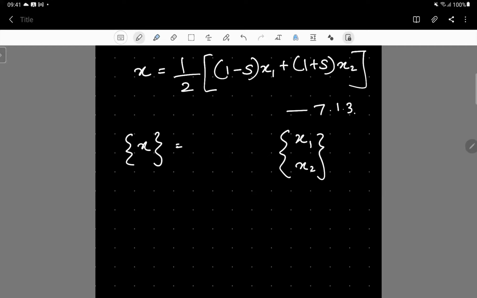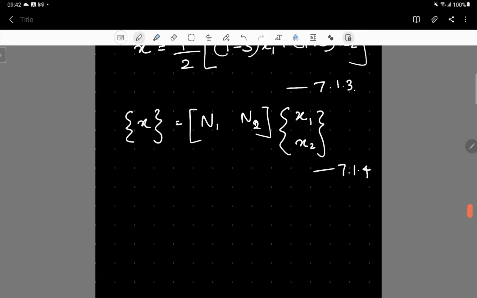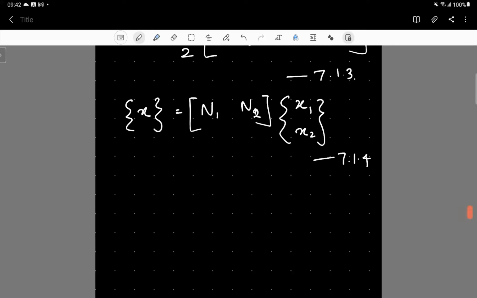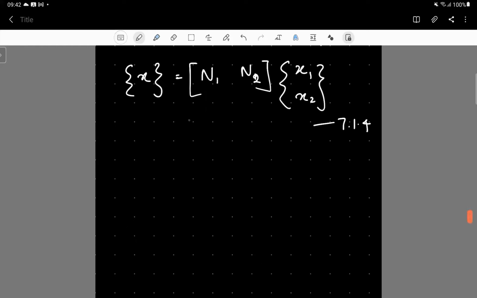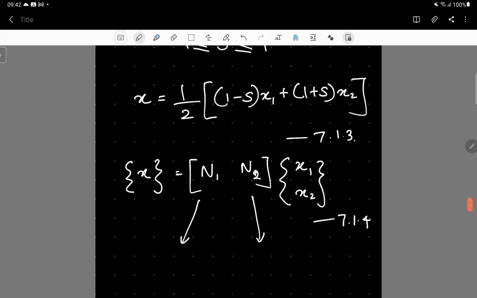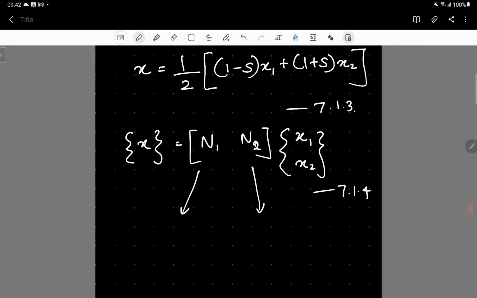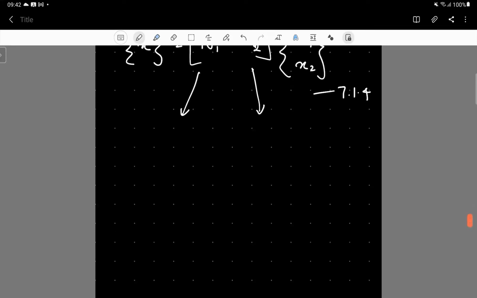Since we are using the isoparametric formulation, we are able to separate it into shape functions, N1 and N2, defined by the two shape functions corresponding to the two nodes. If you use equation 7.1.3 and separate the two matrices, you would get the shape functions N1 to be (1 minus s) divided by 2 and N2 to be (1 plus s) divided by 2.